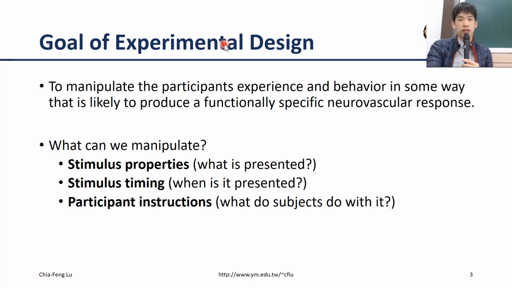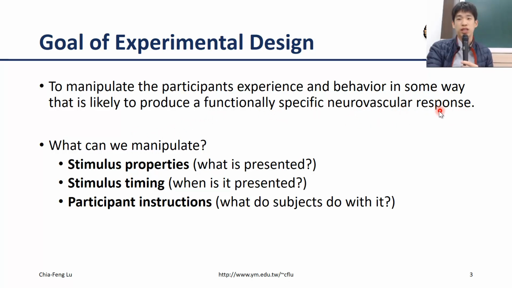Before I introduce anything about the experimental design, you should keep this in mind. What is the goal? Here is a sentence for your reference: the goal of experimental design is to manipulate the participant's experience and behavior in a certain way that is likely to produce a functionally specific neurovascular response.